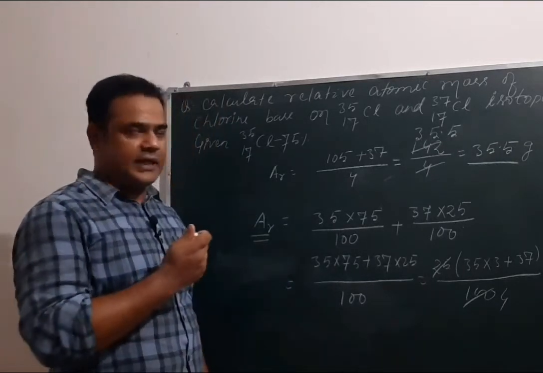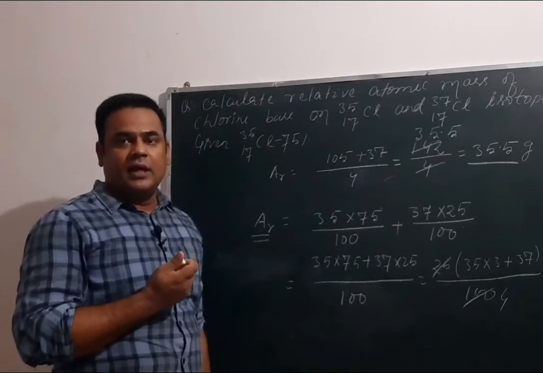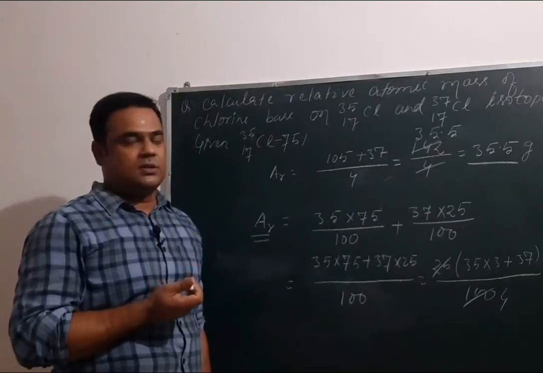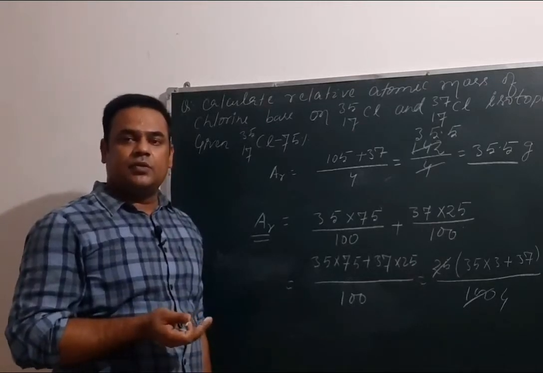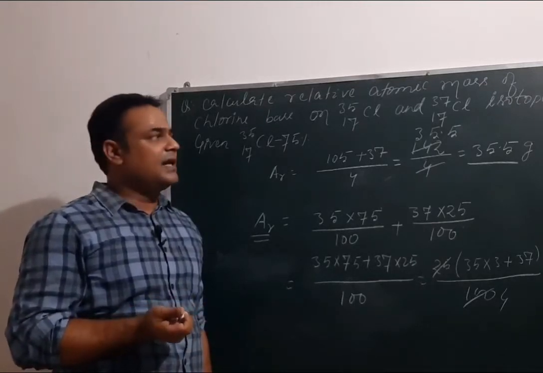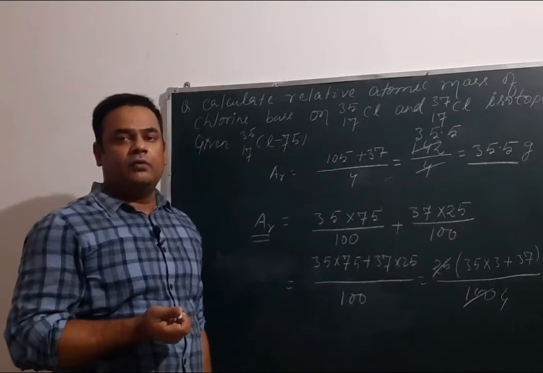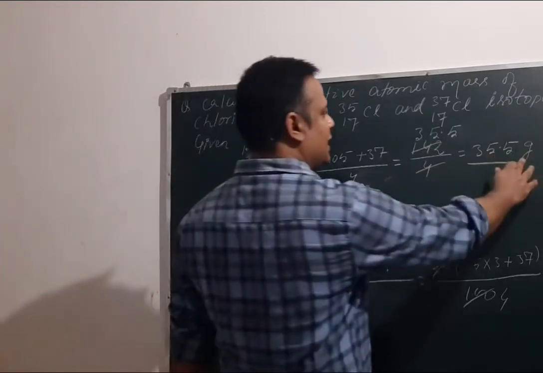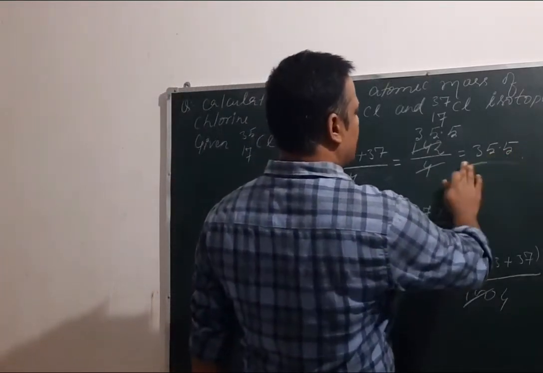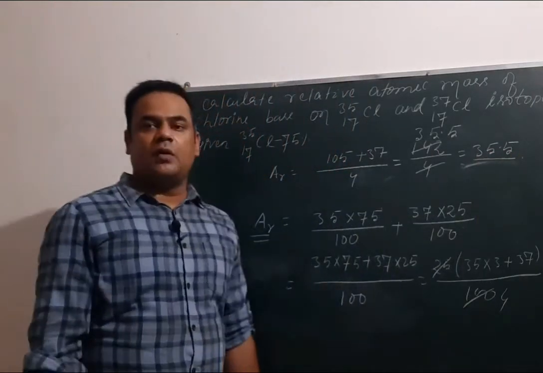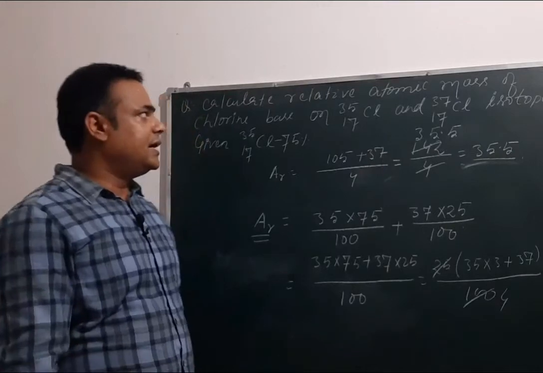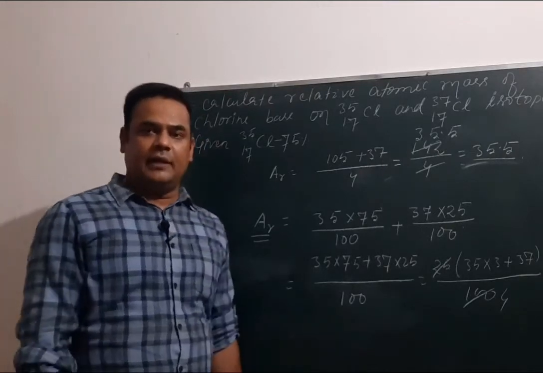Whenever we take a ratio of the same physical quantity, the value is unitless, because the units of mass in the numerator and denominator cancel out, leaving a numerical value without any unit. So it is a simple numerical value, 35.5. This is how we determine the relative atomic mass of any element.